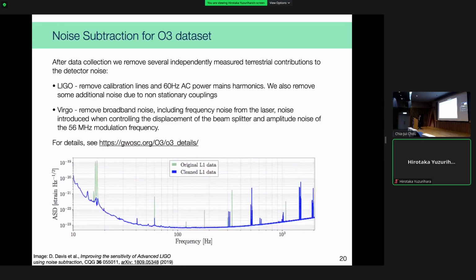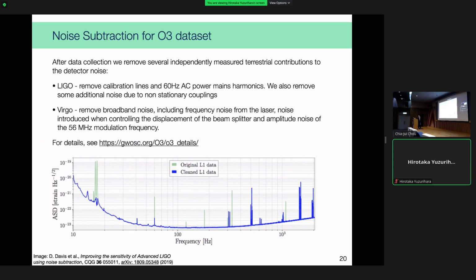About noise subtraction for the O3 dataset: after data collection, we removed several independently measured terrestrial contributions to the detector noise. In the case of LIGO, they removed the calibration lines and the 60 Hz power lines and harmonics, and also some additional lines due to non-stationary couplings.